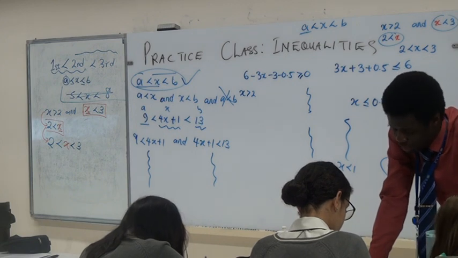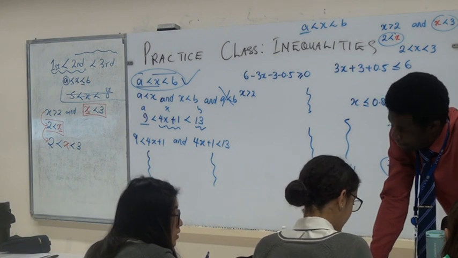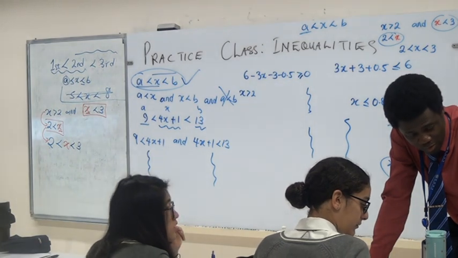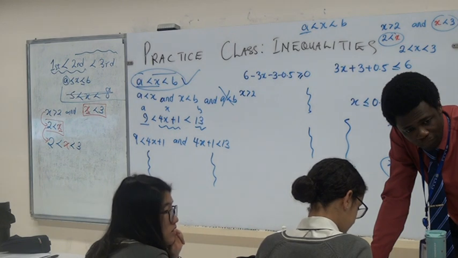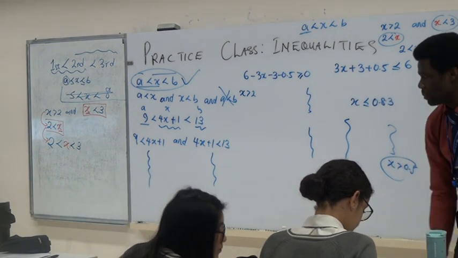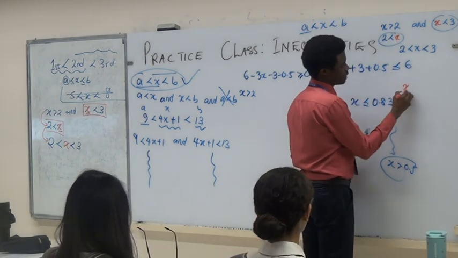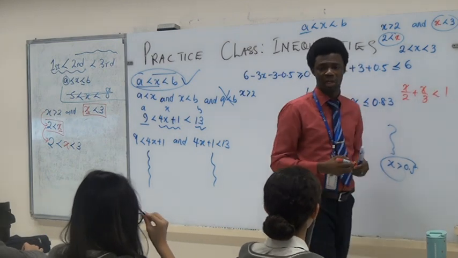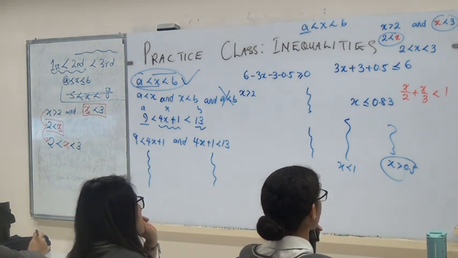Was any of you listening yesterday when I talked about fractions? I'm talking to the other two. Somebody remind me what I gave as an example yesterday. I wrote it like this, around here. Something like x over 2, x over 3, maybe less than 1. Can you remind me what I said?